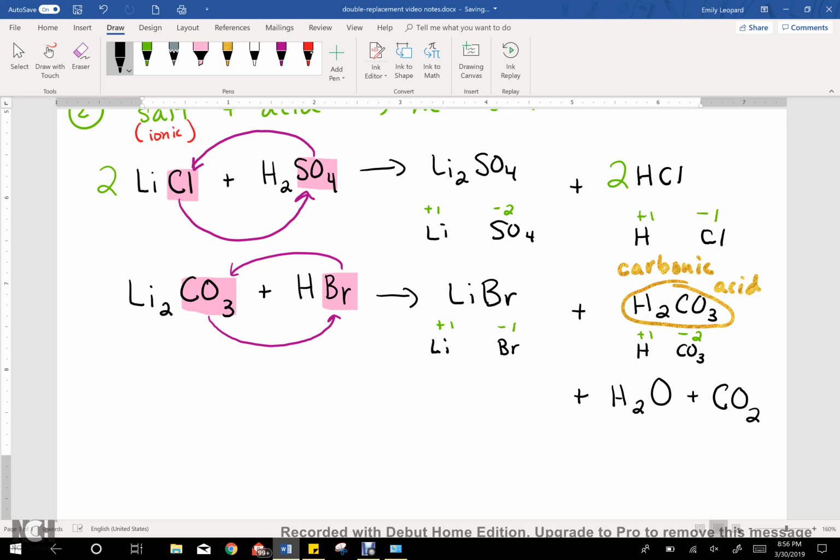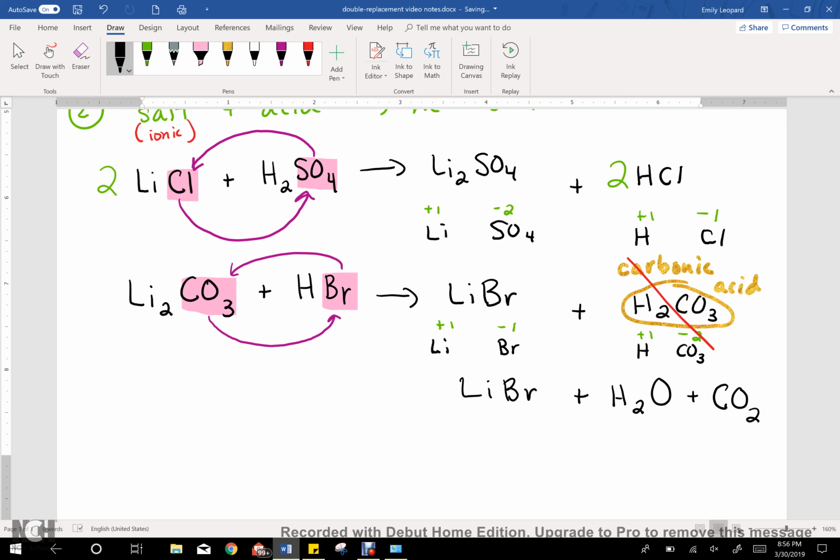Okay, so we wouldn't leave this in here, but instead it would be LiBr plus water plus carbon dioxide. Okay, and that's just acknowledging that that compound is unstable in this case, and it's going to further decompose on its own.